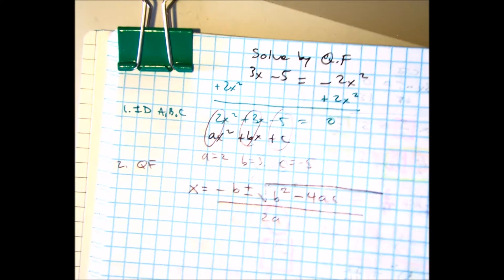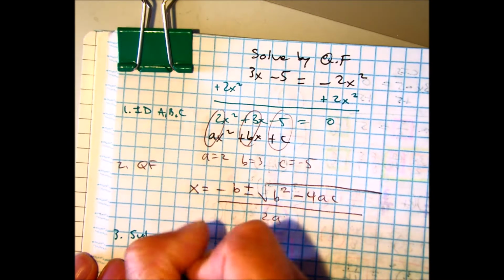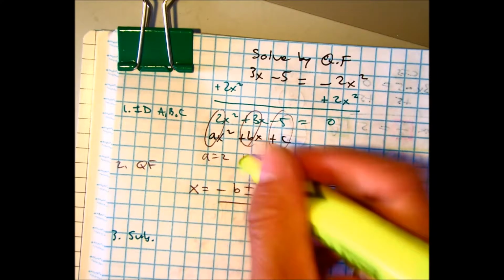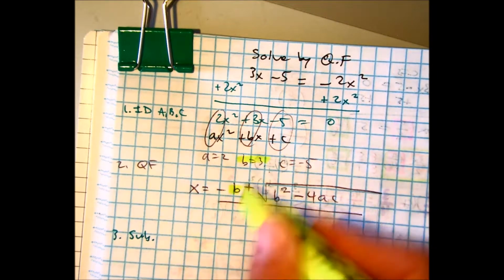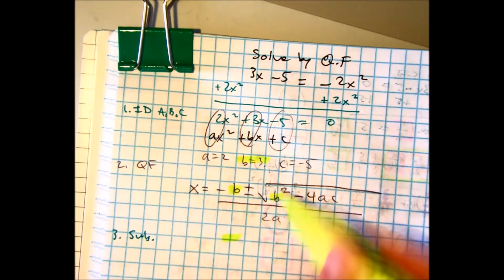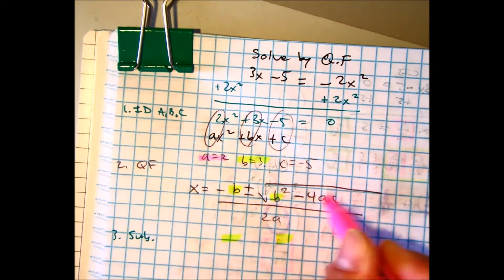Alright, the next thing we're going to do is a substitution. Everyone say substitution. Substitution. Every b value, I'm going to be putting in a 3. Every a value we'll be putting in 2.